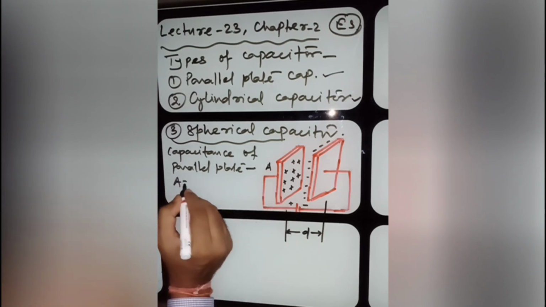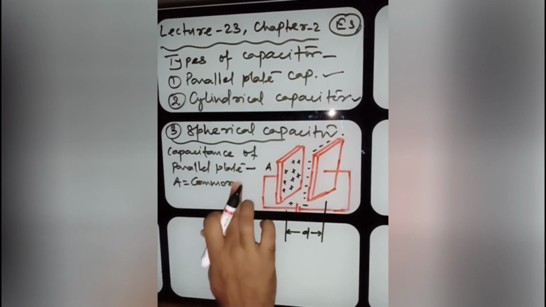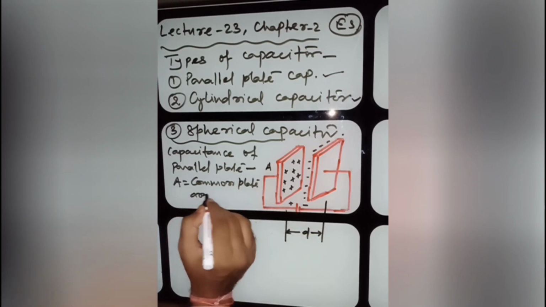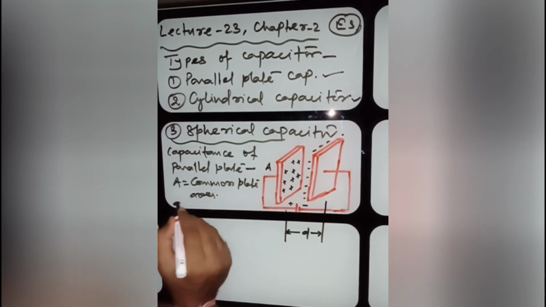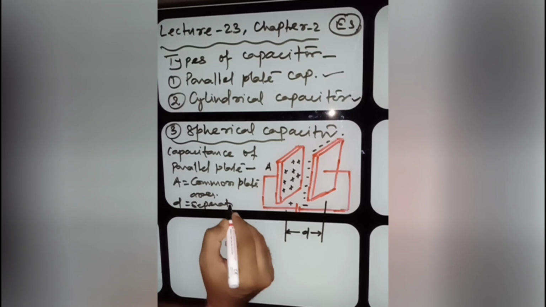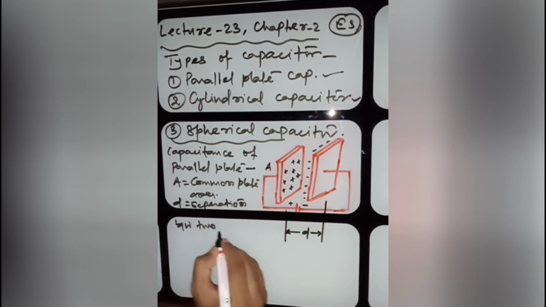A, common plate area. d, it is the separation between two plates.